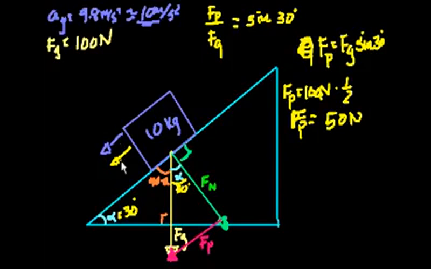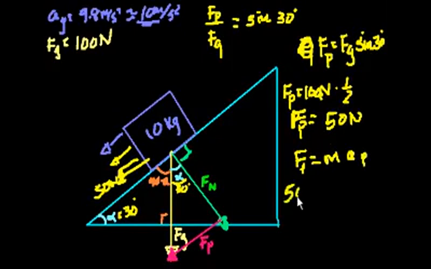So we're almost done. The component of the gravitational vector that's going parallel to the surface of the plane is 50 newtons. So if there's a force pulling at 50 newtons on this block in this direction, how fast will it be accelerating in that direction? Well, F equals ma. So force in the parallel direction is equal to mass times acceleration in the parallel direction.